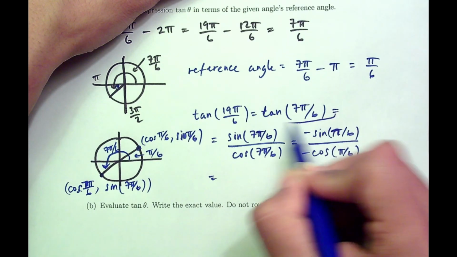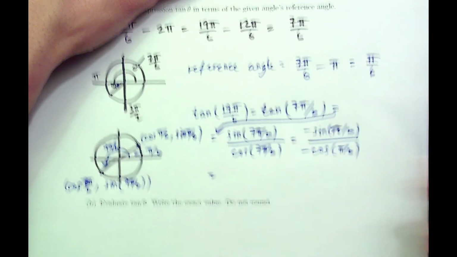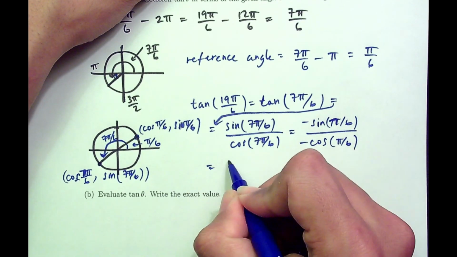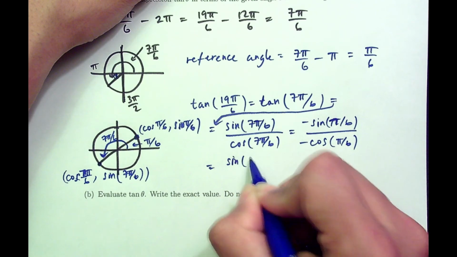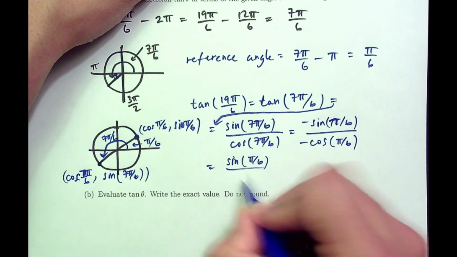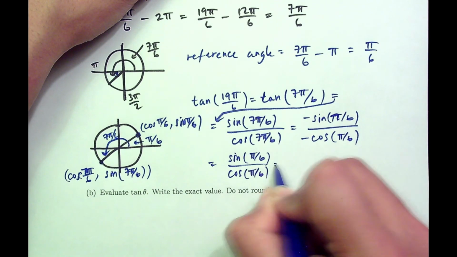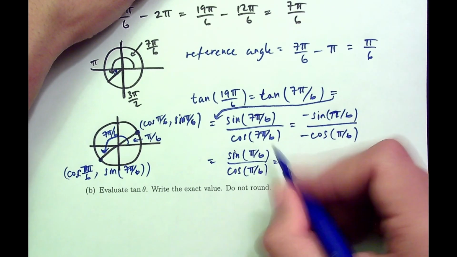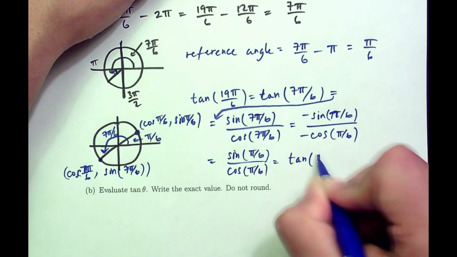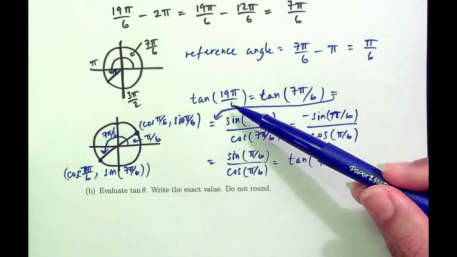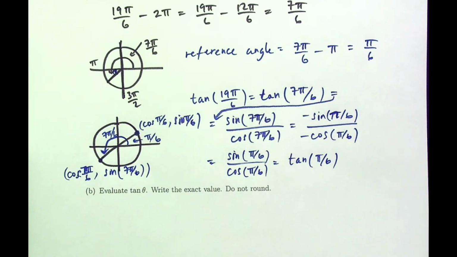Okay, this is the equal sign over here. Okay, and then negative divided by negative gives you positive. So this is positive, canceling just the negative sign. Sine of pi over 6 over cosine of pi over 6. But sine over cosine is the tangent. So you get tangent of pi over 6. So that means the tangent of 19 pi over 6 equals the same as the tangent of pi over 6.